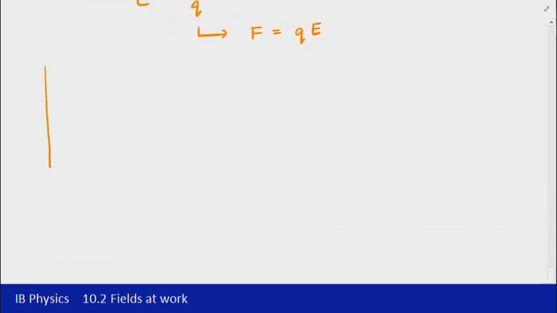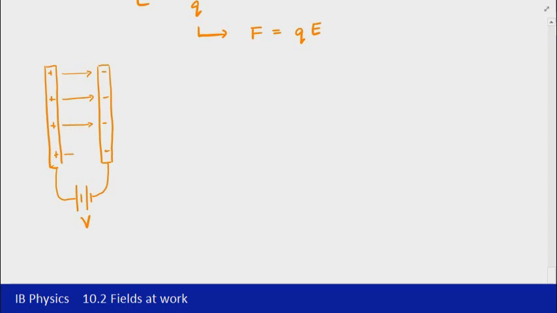We're going to continue now looking at a uniform field, and we'll relate the uniform field electric field strength to potential gradient. So if we deal with this scenario here, where we've got positive charges on this side and negative charges on this side, what we would see is a uniform field in between the plates. Again, there are the edge effects that start to occur outside the edge of the plate, but we're not interested in that.